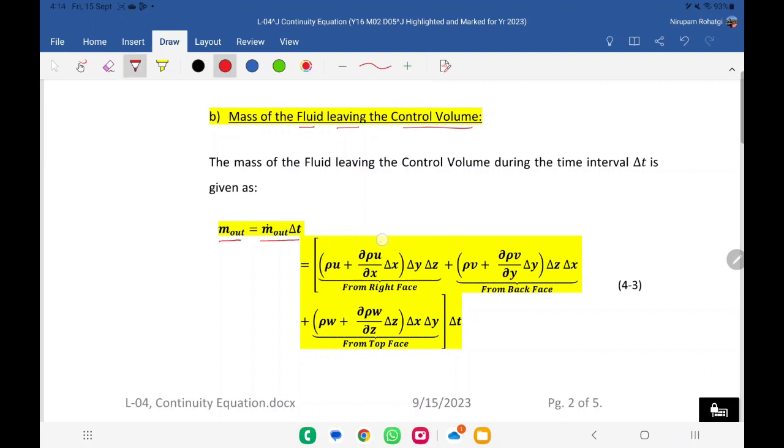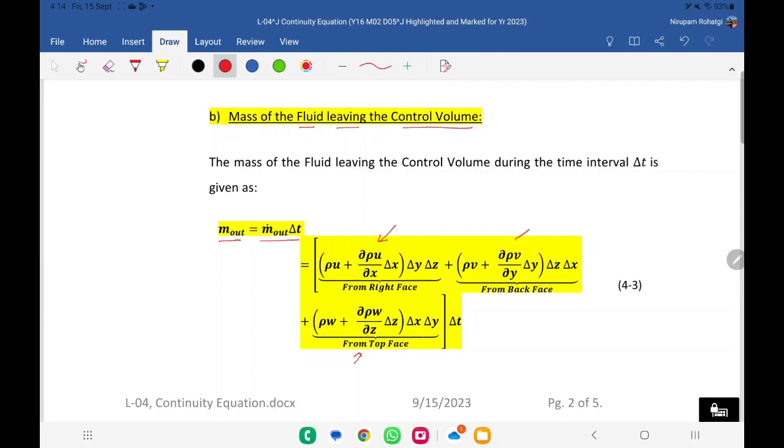This is the rate of mass flowing out from the right face, into delta y delta z. From the right side this is how the mass will flow out, from the back side this is how the mass will flow out, and similarly from the top face this is the mass which will flow out.